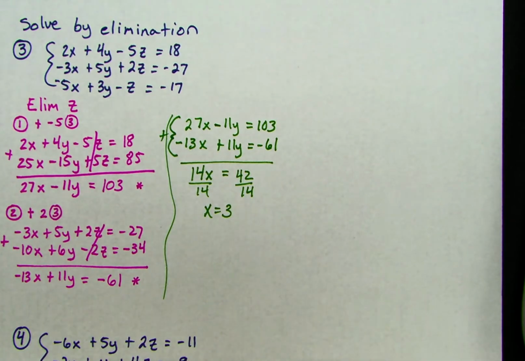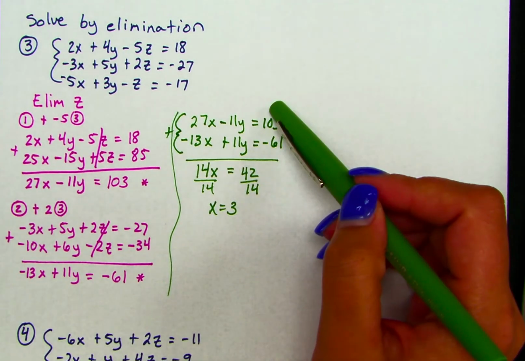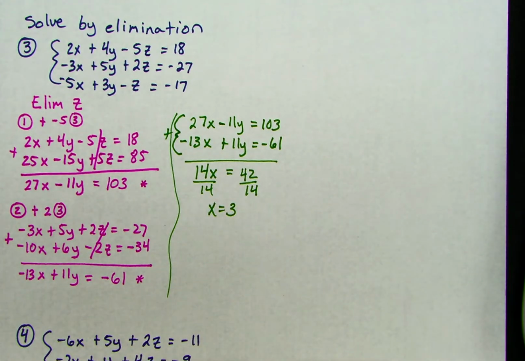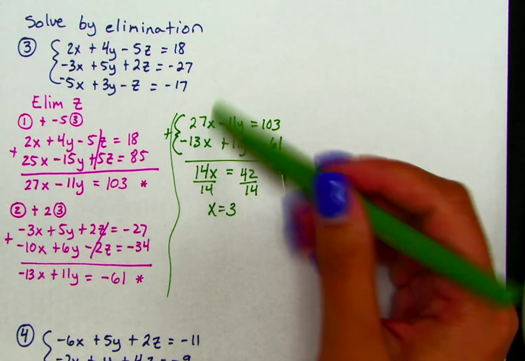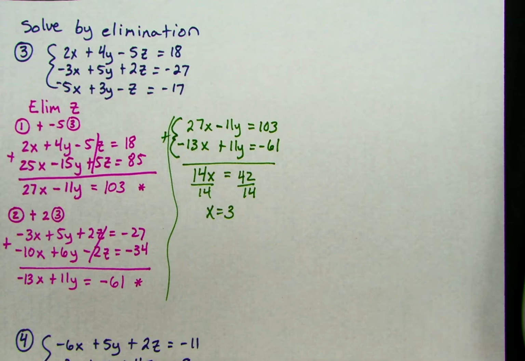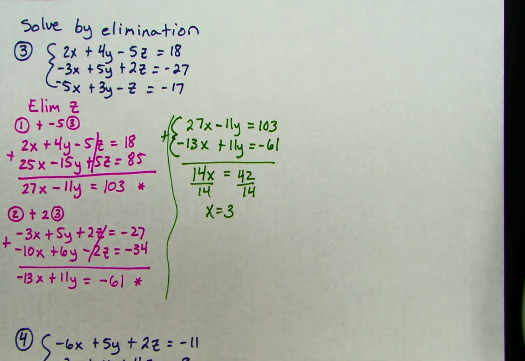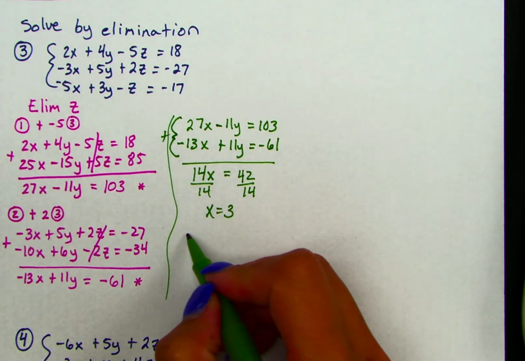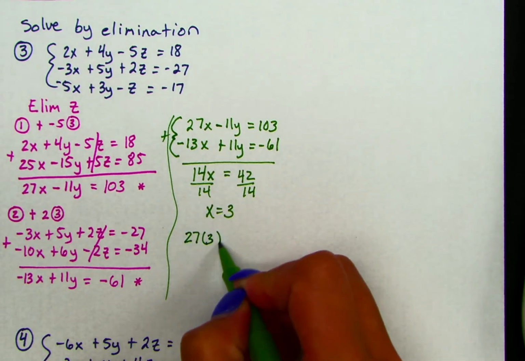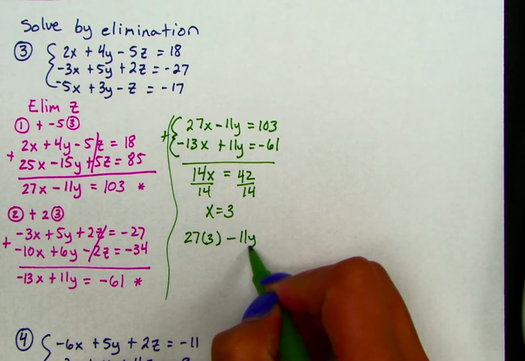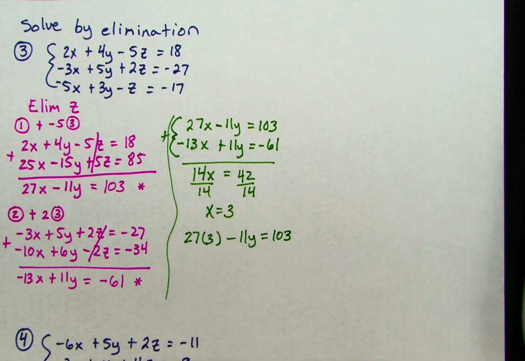So now to get our second one, we're going to go back to this system and finish solving it. So I'm going to plug the x in one of the equations to get the y. So it doesn't matter which one we choose. I'm just going to use the top equation. So this will be 27 times 3 minus 11y equals 103.